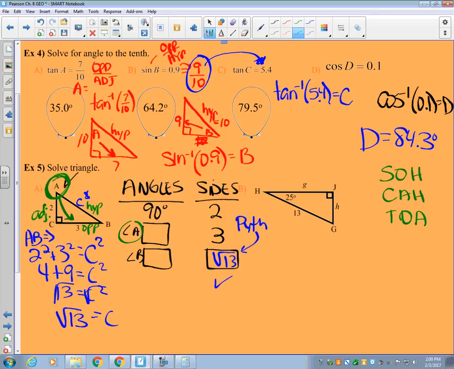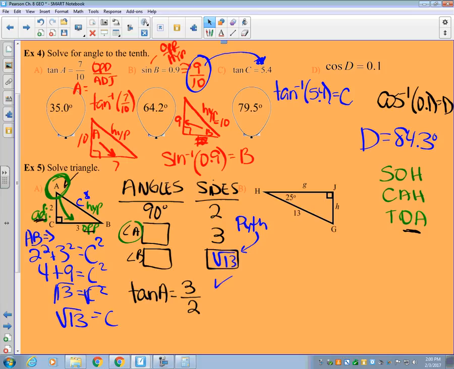I have the adjacent side and the opposite side. So that is tan. I'm going to say tangent of angle A is equal to the opposite side over the adjacent side.